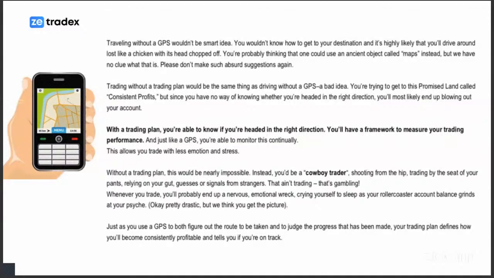And whenever you trade, you probably end up a nervous, emotional wreck, crying yourself to sleep as your roller coaster account balance grinds at your side. Okay, just as with a GPS, you figure out the route to be taken, and your trading plan will define how you become consistently profitable, and will tell you if you're right on track. To the next page, please.